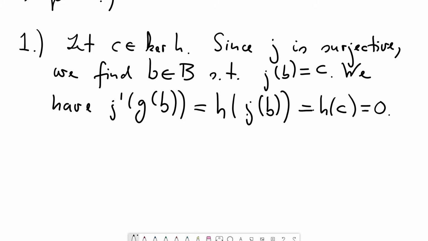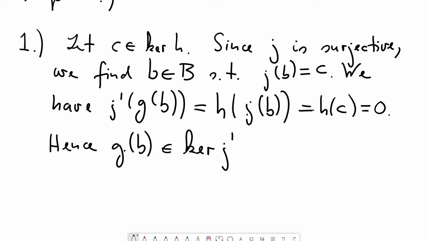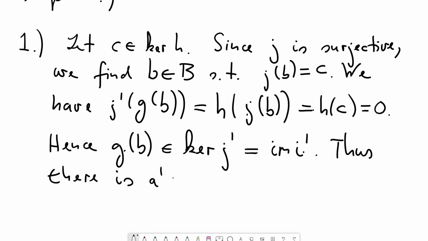So what does this mean now? This means the element G of b lies in the kernel of J prime. And the kernel of J prime, by the exactness of the lower sequence, is the image of I prime. So this in turn means, thus there is some element a prime in A prime, the lower left corner of the diagram, with the property that if I apply I prime to it, I end up at G of b.